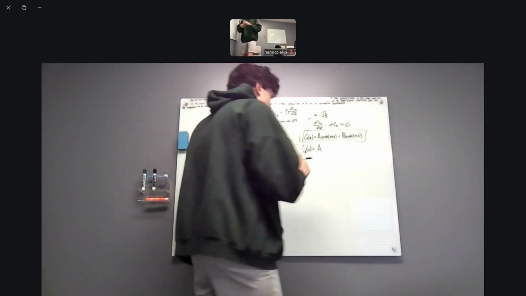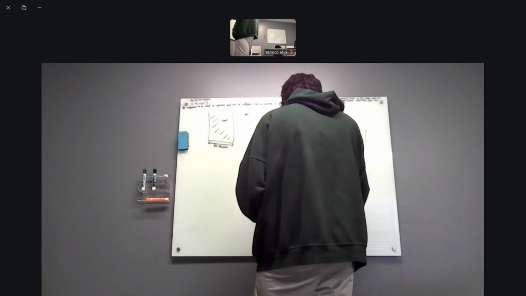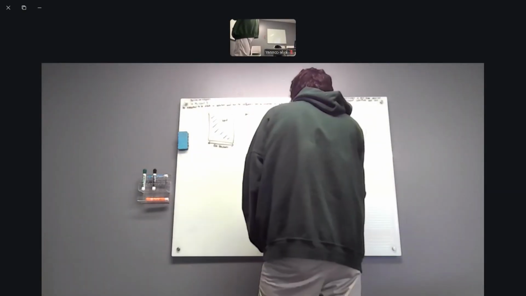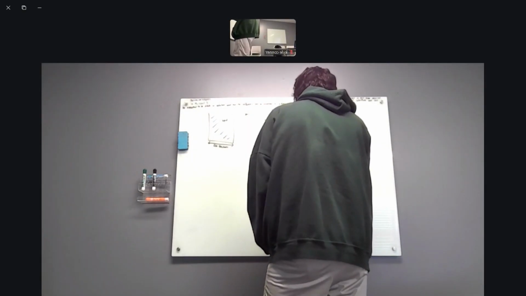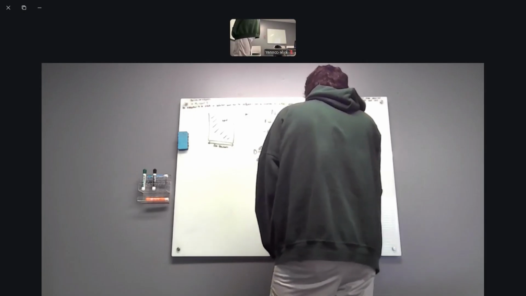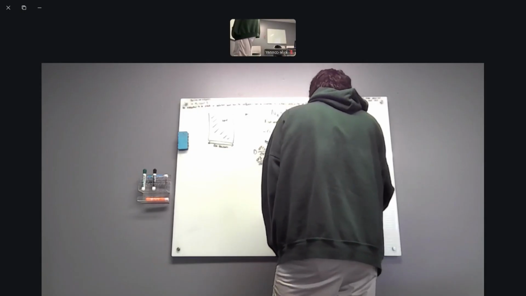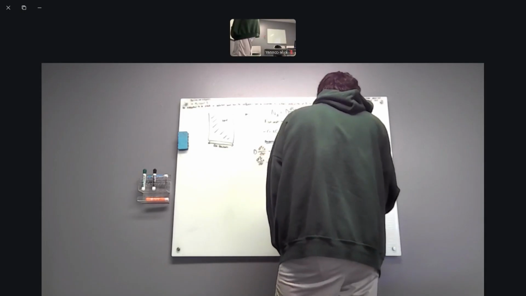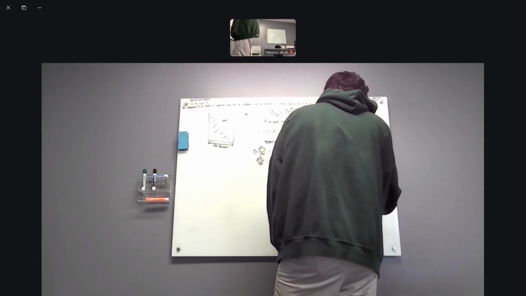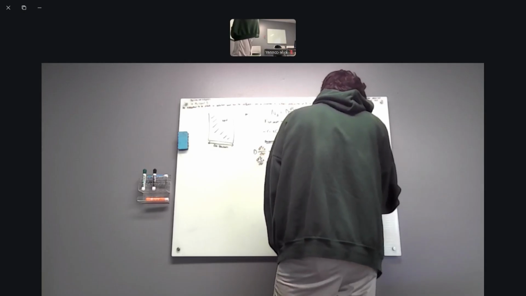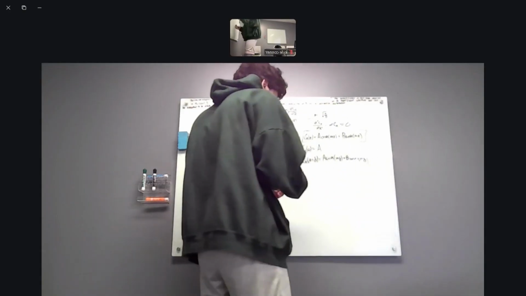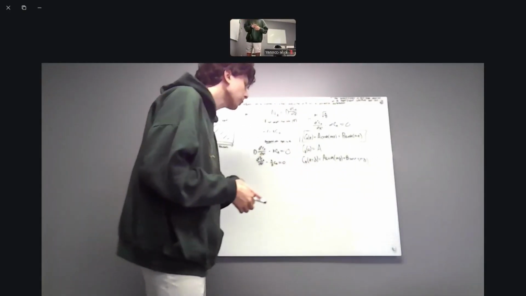Additionally, if we set z equal to our film thickness, we get A cosh of m times the film thickness plus B sinh of m times the film thickness. So we have our equations right here.